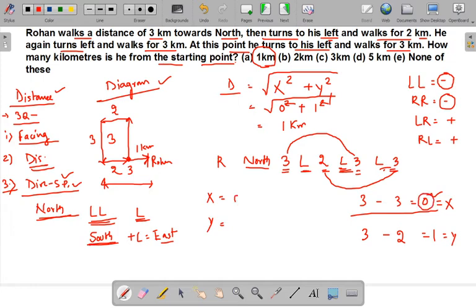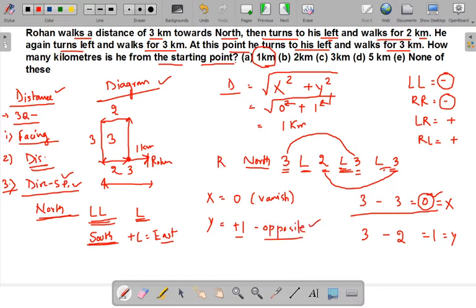Whenever a value comes to be 0, it means that direction will vanish. And here the value of y is plus 1, it is positive. So whenever the value is positive, the direction will be opposite.